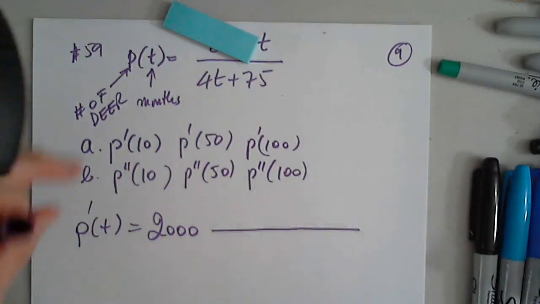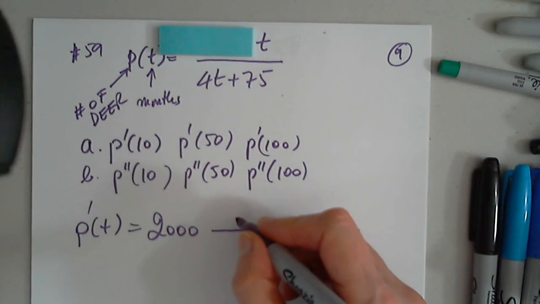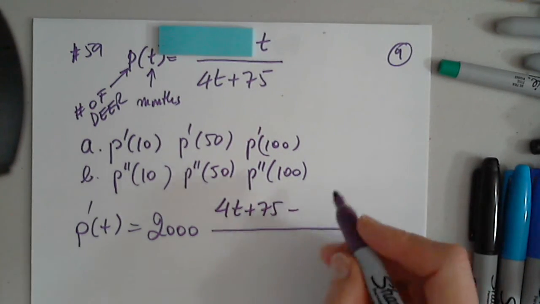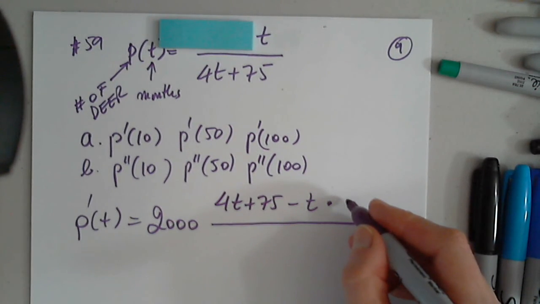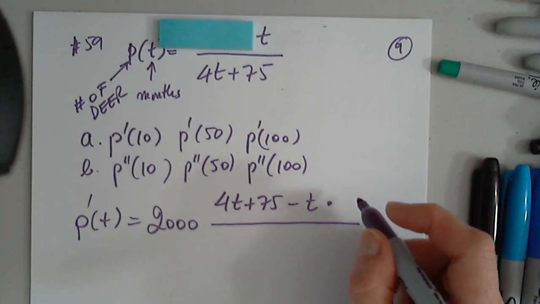So the top function prime is 1. Good. So then 4t plus 75 minus the top times the denominator prime, which is t right there, or is it 1?